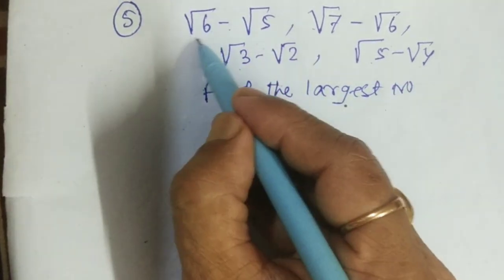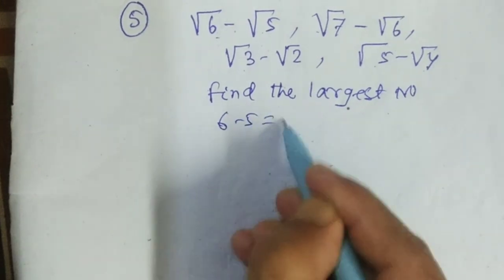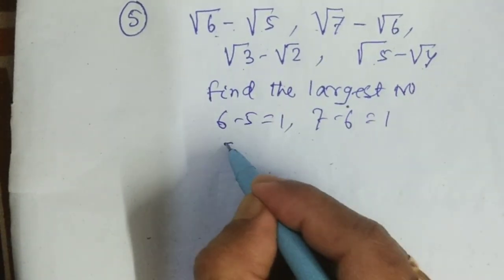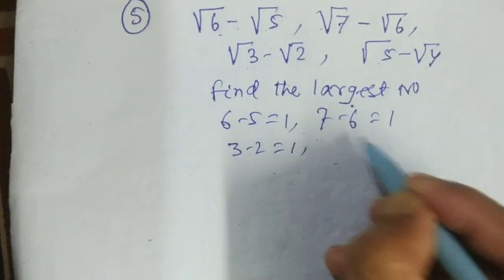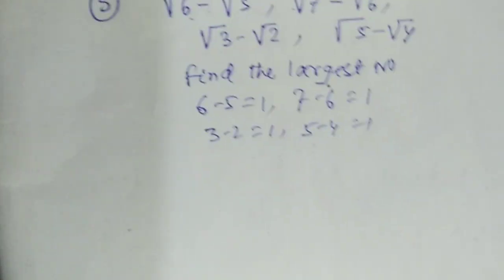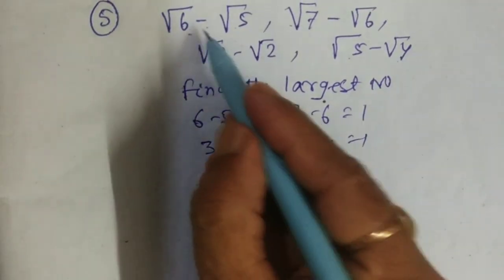Look, here all the differences are the same: 6 minus 5 is 1, 7 minus 6 is 1, 3 minus 2 is also 1 and 5 minus 4 is also 1. So what to do? This is the case for the maximum minus.